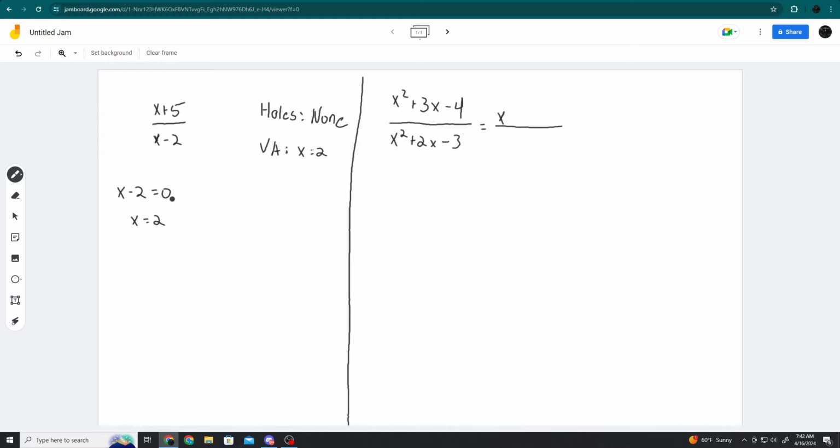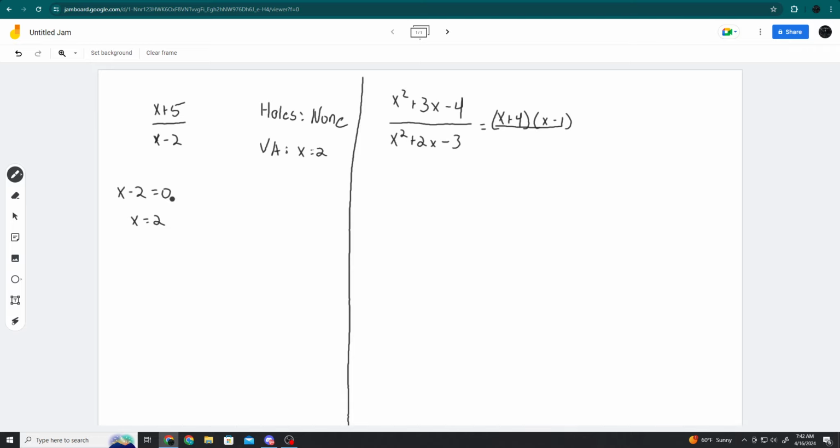So those will be my two factors. We're going to go ahead with x plus 4. That's the first factor. The second factor is going to be x minus 1. Now, the denominator. Are there two numbers that multiply to -3 and add to +2? It's kind of similar.